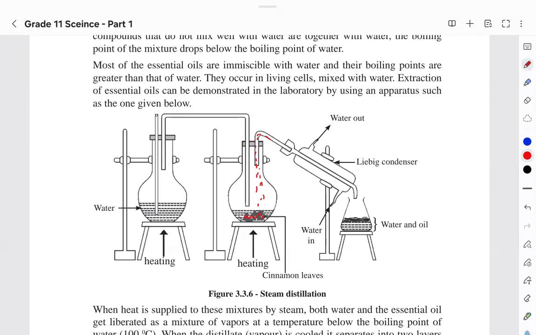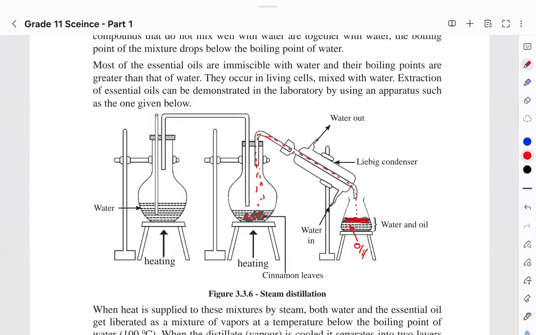So this is the Liebig condenser. If you go to your science lab, you can see that one, right? And you can see finally water and oil both are mixing. So since water has less density here, water is floating here, right? This is water. And this is the cinnamon oil.